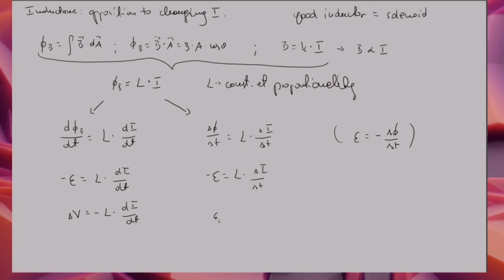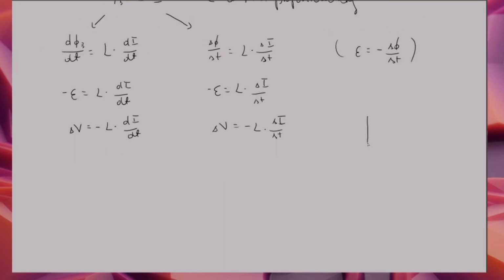So voltage equals minus L times delta I over time. Now I think we are ready to sort of see what this L is.